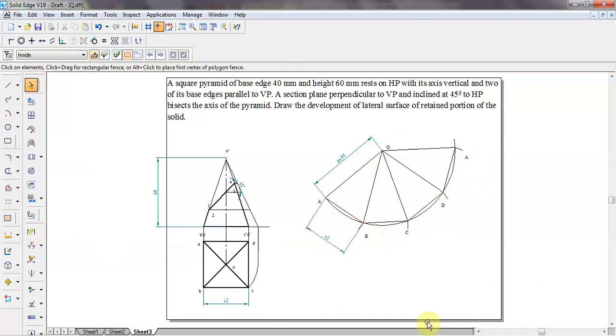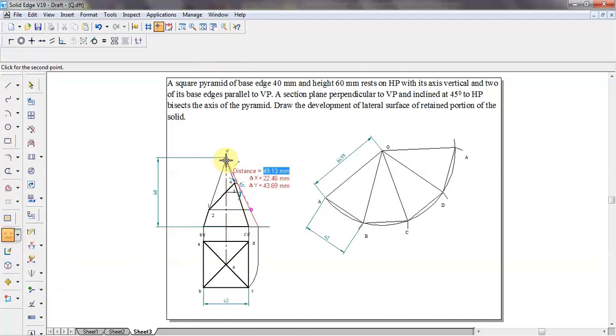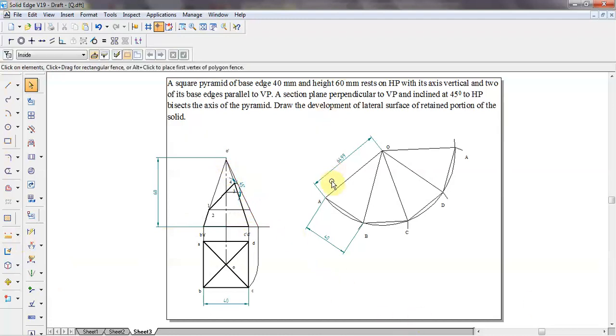So now measure the length where it is cutting. From this point to the apex, it is 49.13. So 49.13, it is cutting OA and OB.